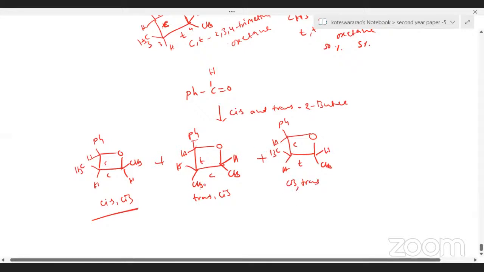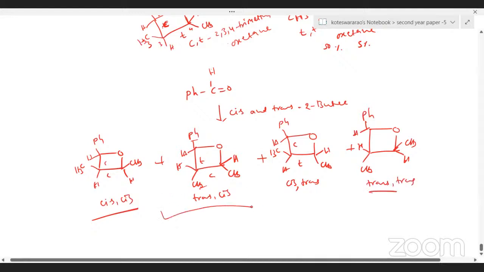Here phenyl and methyl groups are compared, and here methyl and methyl groups are compared. Now the last one is the trans product. The methyl group, hydrogen, CH3 group, hydrogen, phenyl, and hydrogen. This is the trans product.